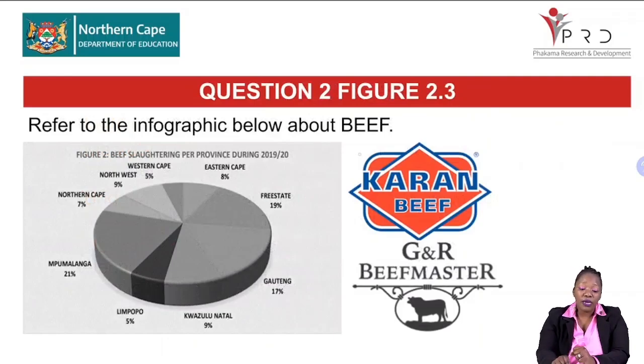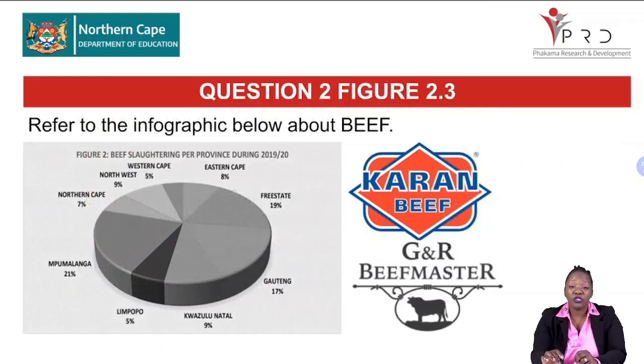So now in our infographic, we have our pie chart. In that pie chart, it says the beef slaughtering per province during 2019 and 2020. And then again, you are given the logos of 2 big companies which are producing beef in South Africa: Karan Beef as well as GNR Beef Masters.